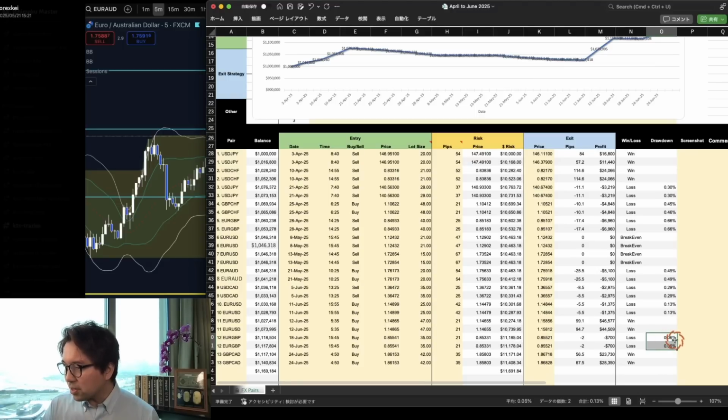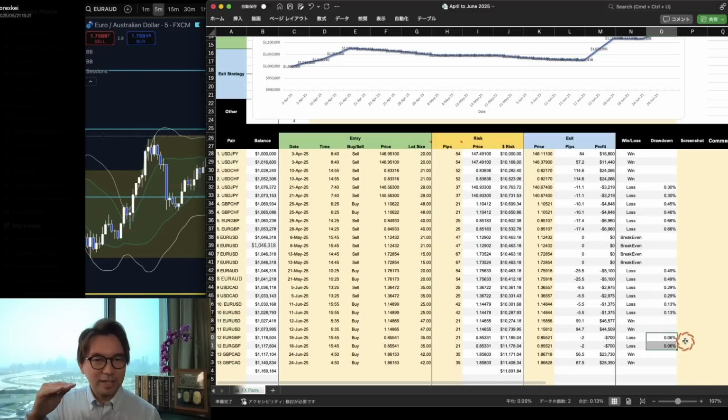For this 0.06%, I remember this was before the big fundamental news was coming up, so I wasn't able to run profits before the news, and that's why I just exited manually.